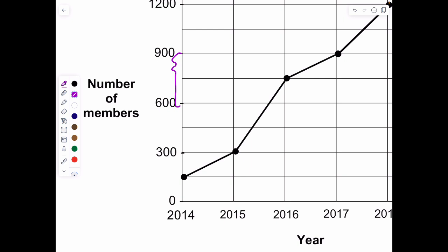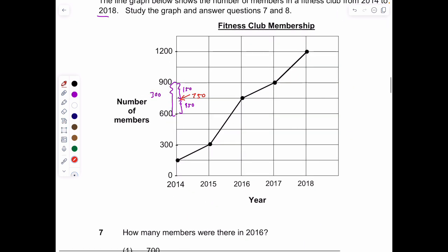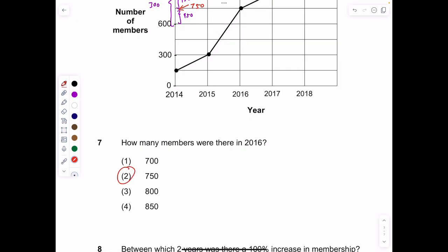If you take a look, the interval between this and this, 900 and 600, is actually 300, right? So granted that from this point to this point is 300, what is the middle ground? The middle ground here is actually 150. So because this is 150, 600 plus 150 will be 750. Answer 2.